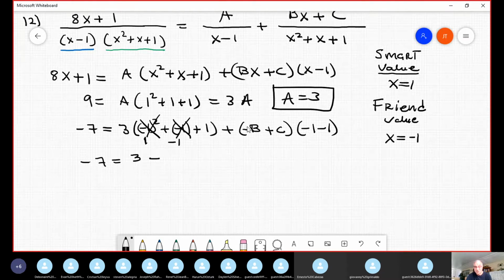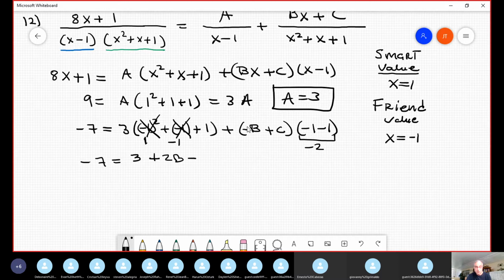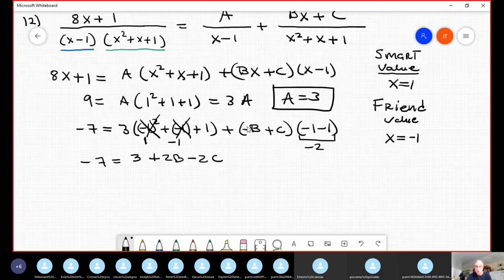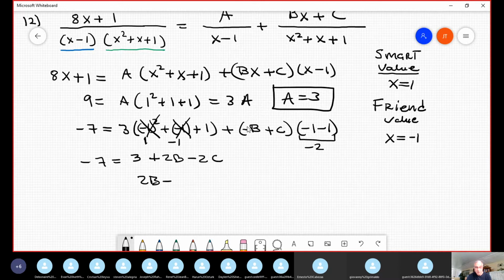plus, or minus, I don't know. -1 and -1 is -2. And -2 times -b is plus 2b, minus 2c. Therefore, my equation is 2b minus 2c.